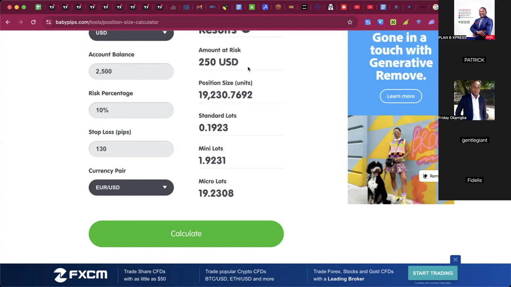So now 250 is this. Look at the lot size they say you should use: 0.1923. So you can now decide to share this 0.19. The average is 0.2. So if you are going to use 0.05 in four places, you are still within this range.